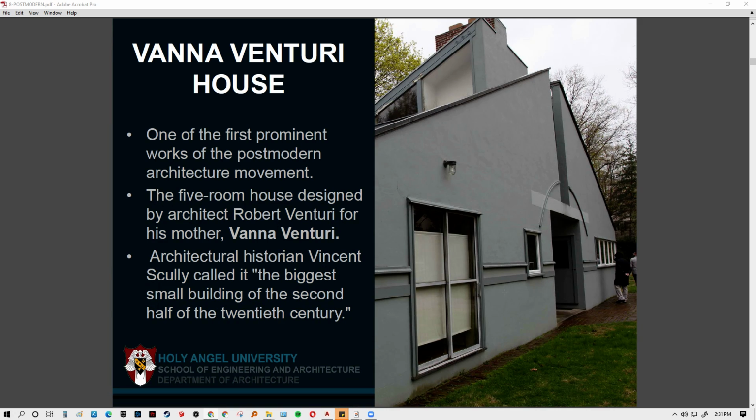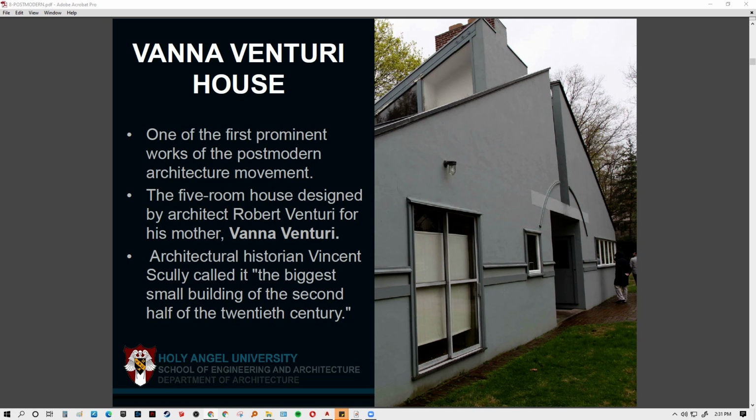One of the most famous designs of his is the Venturi house. It is the first prominent work of the postmodern architecture movement.